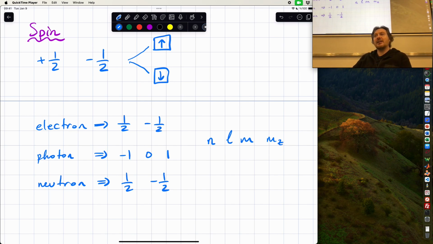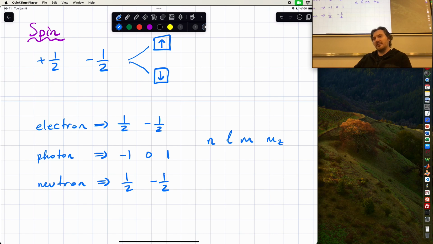I agree that it's confusing to call it spin, because then your mind goes to something that spins, which is partly true. It is as if something spins and creates that magnetic dipole moment, but it isn't.